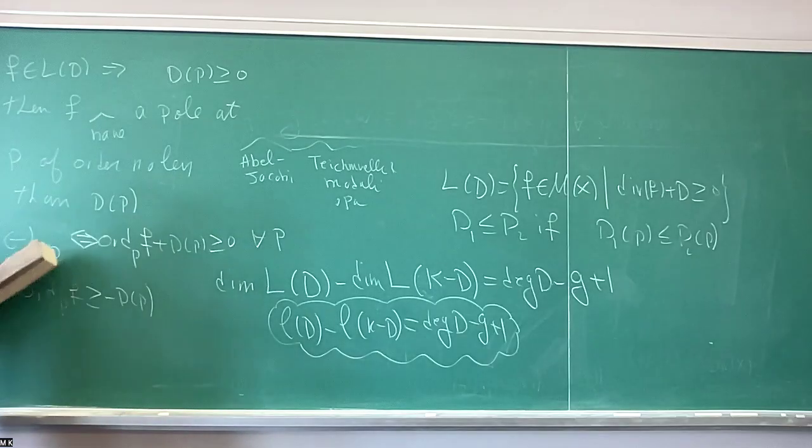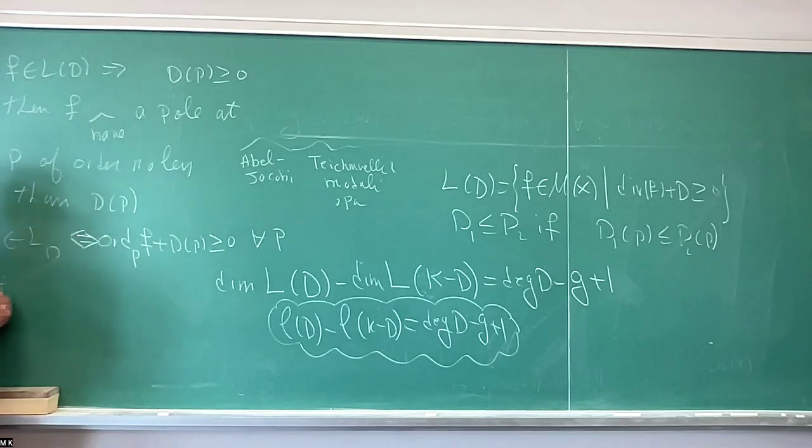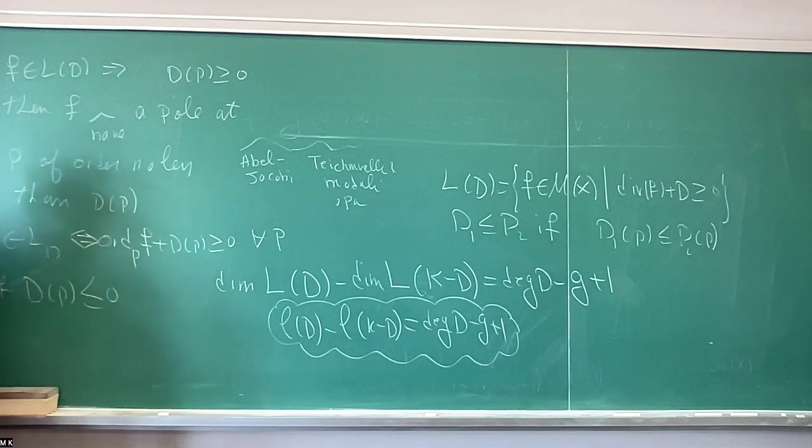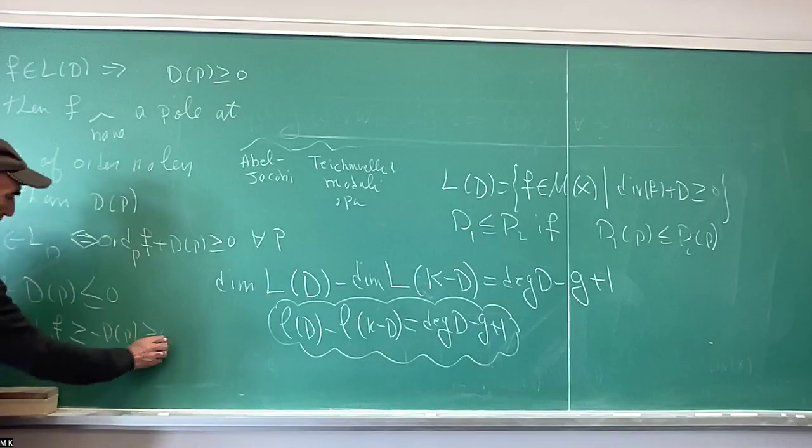Now, if d_p is negative, it goes to the other side and becomes positive. Then it means that this f must necessarily have a zero of order at least negative d of p, right? Because we have order_p of f bigger than or equal to minus d_p, but this quantity is bigger than or equal to 0.